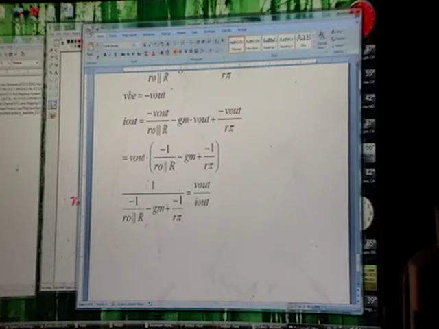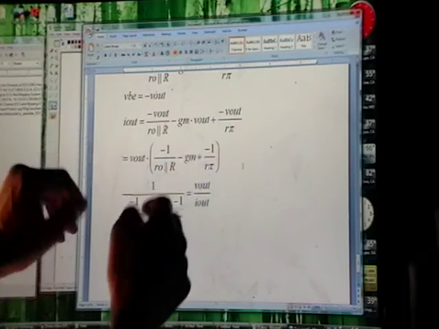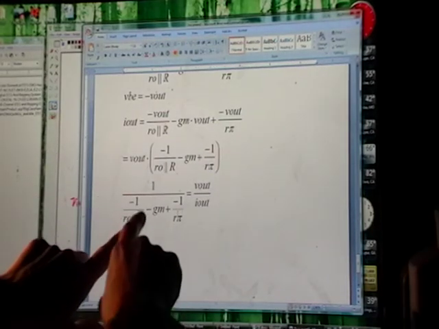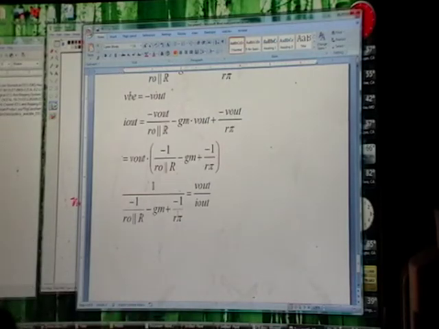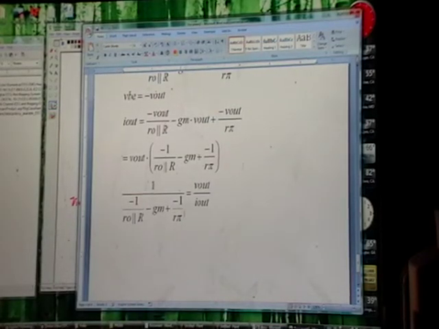One thing that's interesting here is the units of GM, that's 1 over a resistance. Siemens is 1 over resistance. So you've got 1 over resistance plus 1 over resistance plus 1 over resistance. This whole thing is negated, but if you factor out the minus sign, you get 1 over resistance, 1 over resistance, 1 over resistance. If you remember, that is the equation of resistors in parallel.